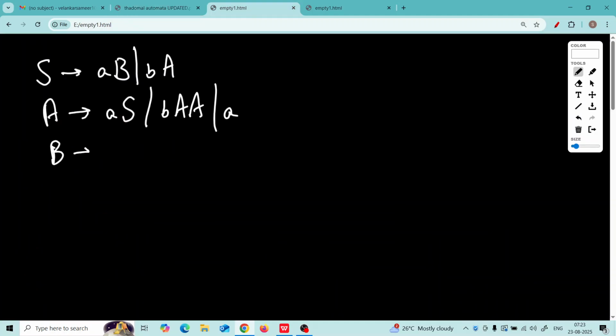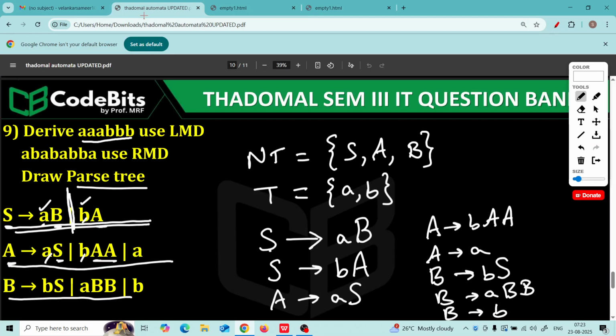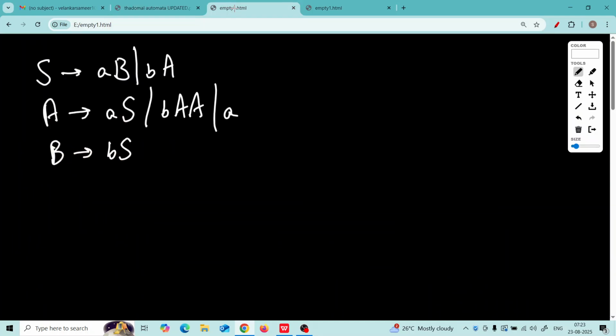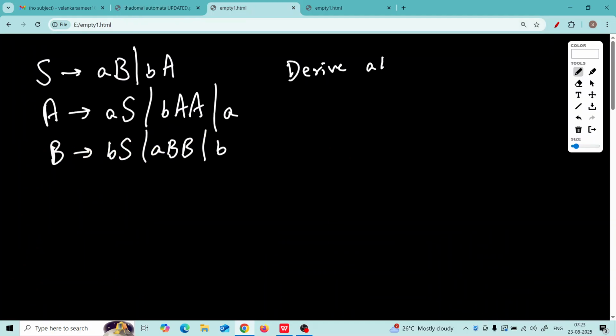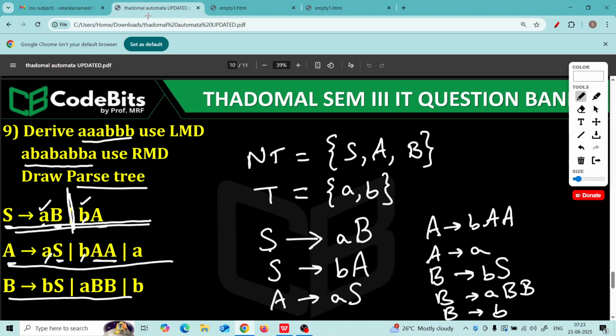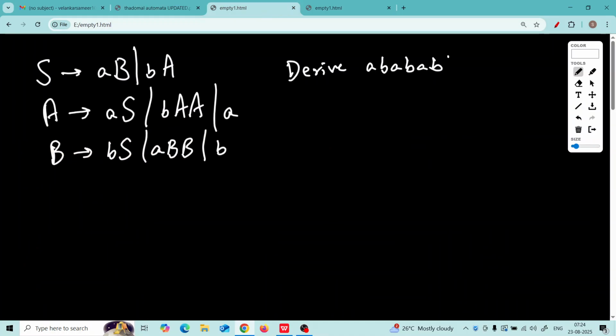And B derives BS, ABB, or B. And what are you supposed to derive using RMD? Using RMD, you want to derive ABABABABBA. Okay.